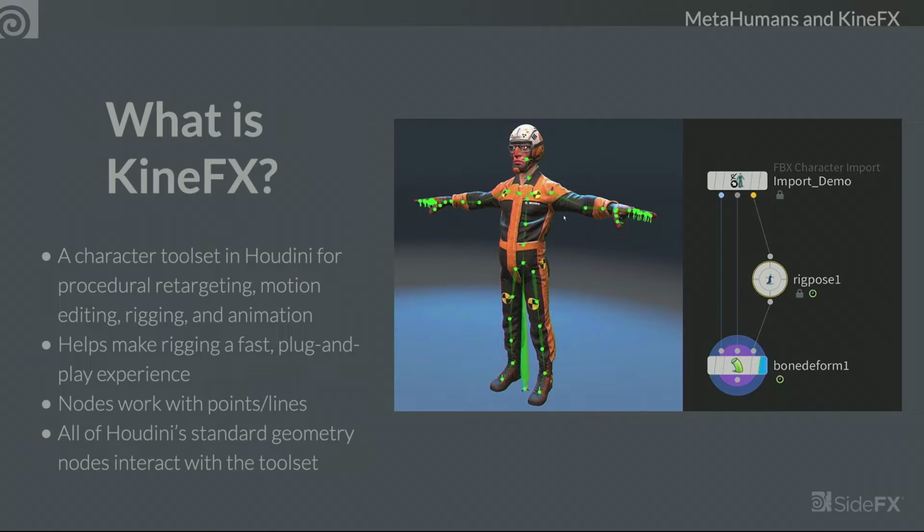I've done a feature film using the object-based workflow, but KineFX is joint-based, and the joints are in fact points within Houdini that have a couple of special attributes, and that allows them to be used in this kind of hierarchical system. The benefit of that for anyone who's used Houdini is that if you have points, you can do anything. And that means that you can do anything with a rig and a character.